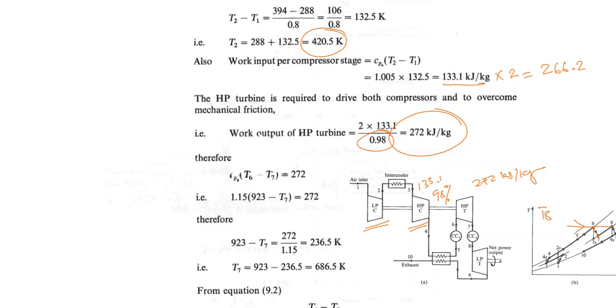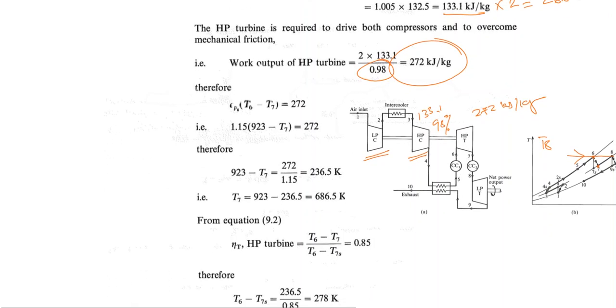So I need to find out the expansion ratio of the second stage of the turbine in order to find out the work done. To find the second stage expansion ratio, I need to go from the first stage. The first stage data is given, and I have got the work done of the first stage of the turbine.